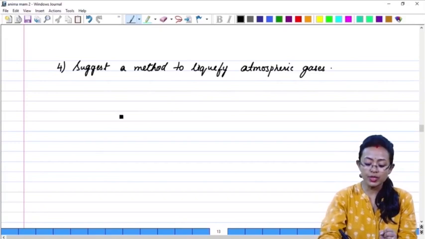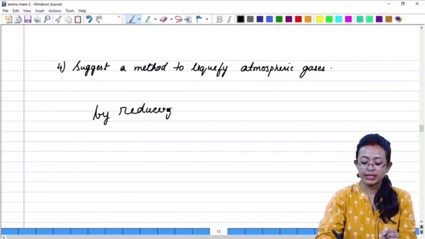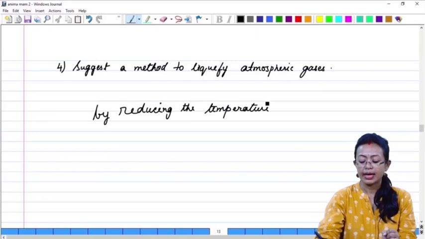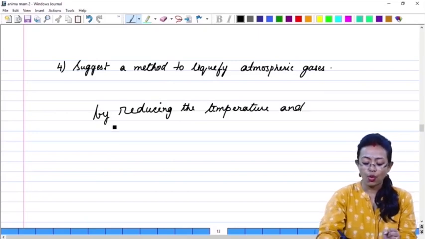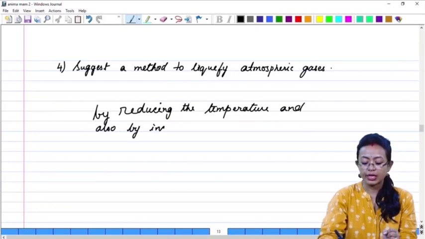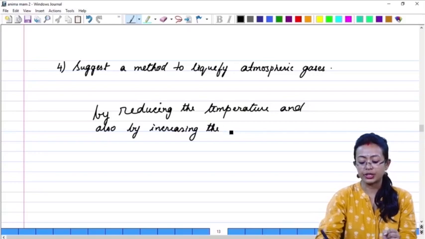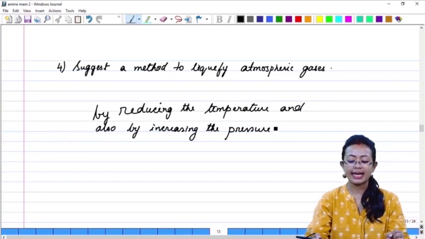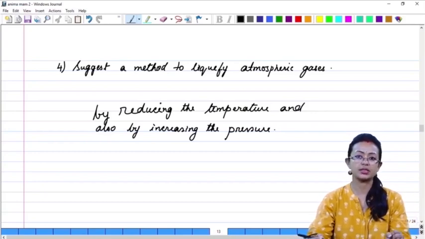So, by reducing the temperature and also by increasing the pressure, we will be able to convert the atmospheric gases into the liquid state.